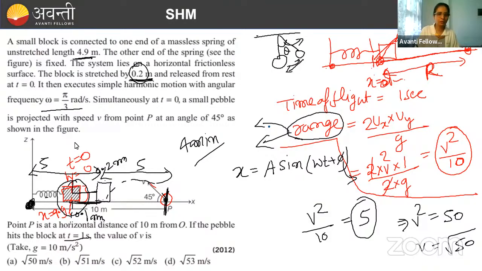You must have an equation of x versus t. Done. So the range formula gave us v²/10 in terms of v, and we need to equate it to some digit to get the value of v. That is why I tried calculating range from the equation of SHM, because from there only it was possible.